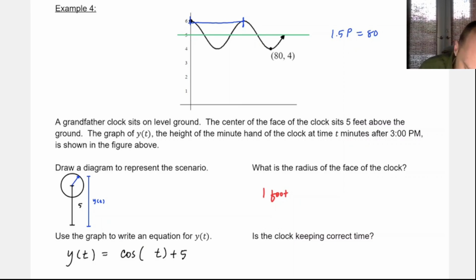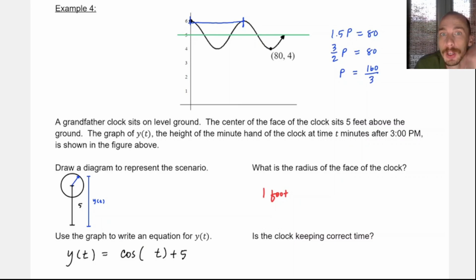All right, so 1.5p equals 80. So 3 halves of p equals 80. And so p is going to equal 80 times 2 is 160 divided by 3, but 1 plus 6 is 7, which is not divisible by 3, so that's as good as I'm going to be able to write the period, 160 over 3.